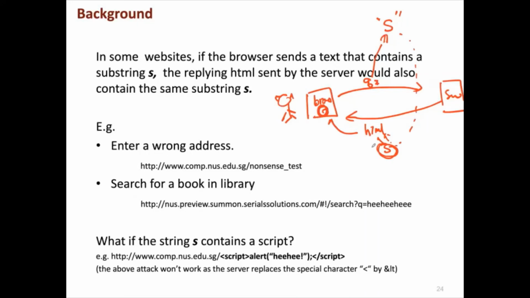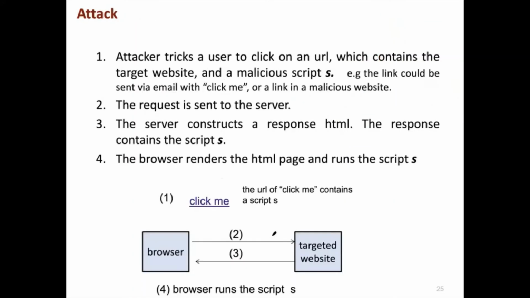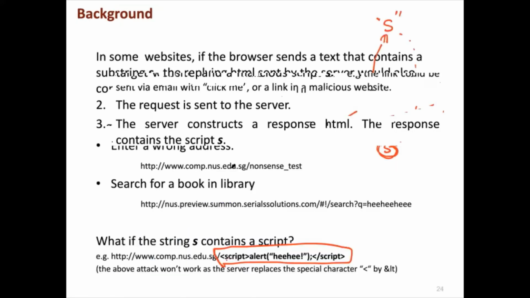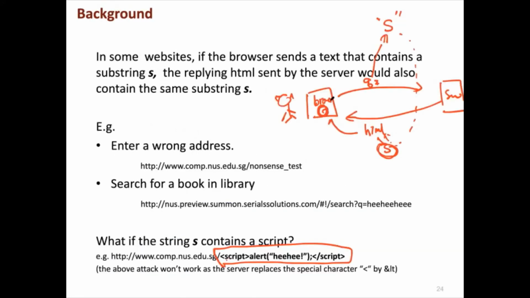Why would this attacker send a malicious script to the server so that the reply contains the injected script, and this script is to be run in the attacker's own browser? Why would an attacker attack himself? In fact, there are some cases like this.